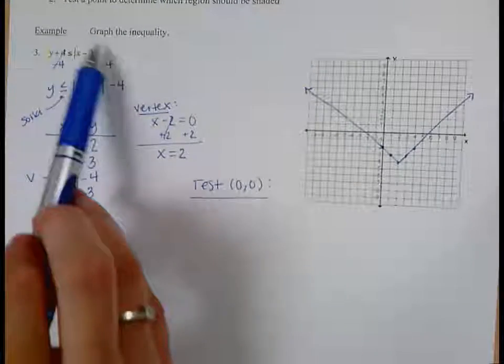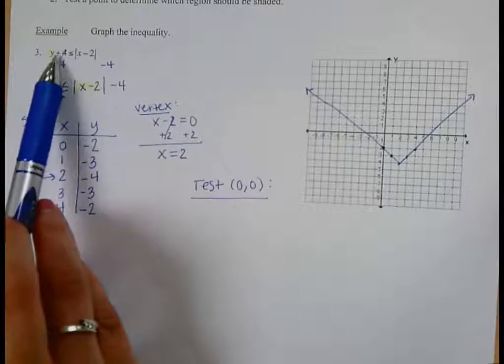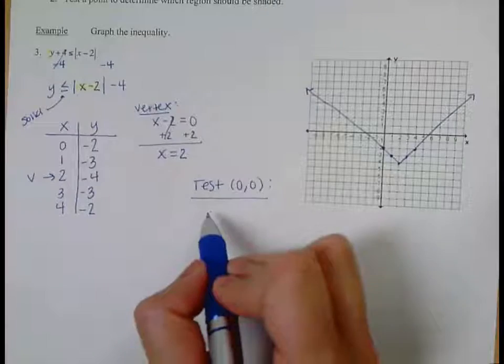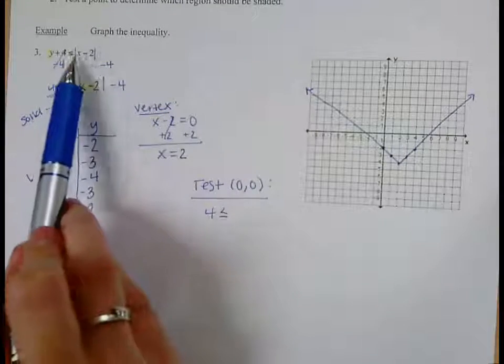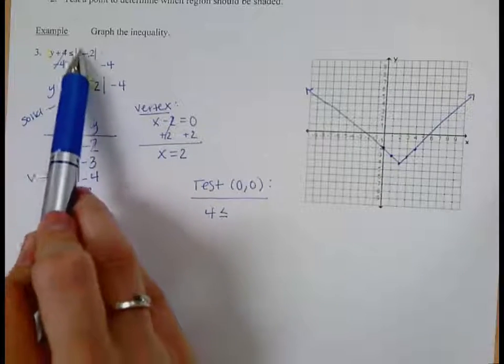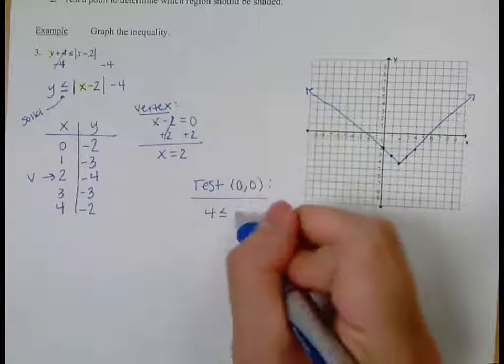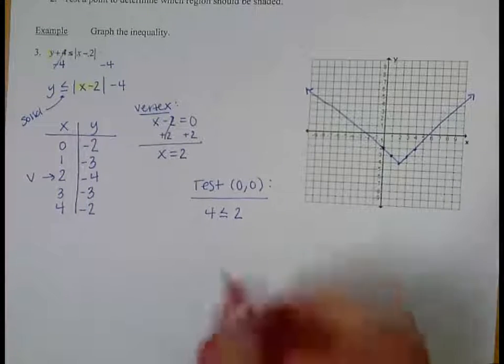So just get in the habit of testing in the original. So I would have 0 plus 4 would be just 4 is less than or equal to, and then the absolute value of 0 minus 2, so the absolute value of negative 2 is really just 2. So I get 4 is less than or equal to 2. That is false.